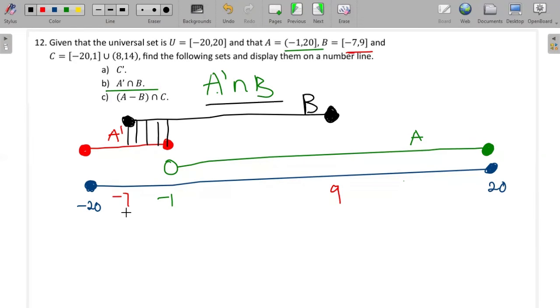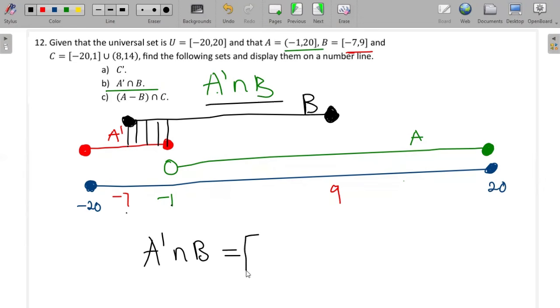So it starts at -7 here, it ends at 1. So that will be our set. So A complement intersection B will be equal to... At -7, you ask yourself, is the -7 in B? Yes, it's shaded. Is the -7 in A complement? Yes, because I have a solid line passing there.